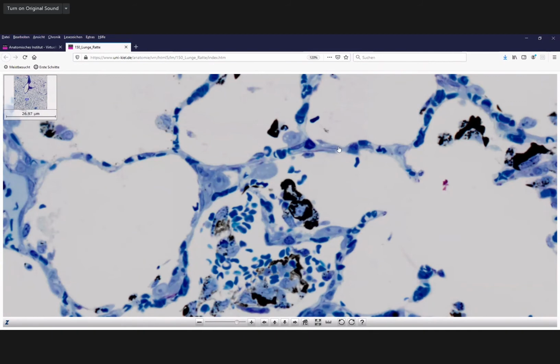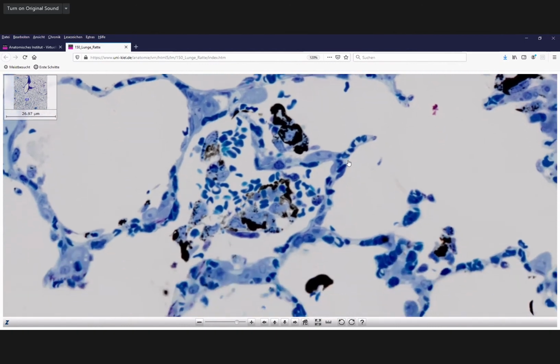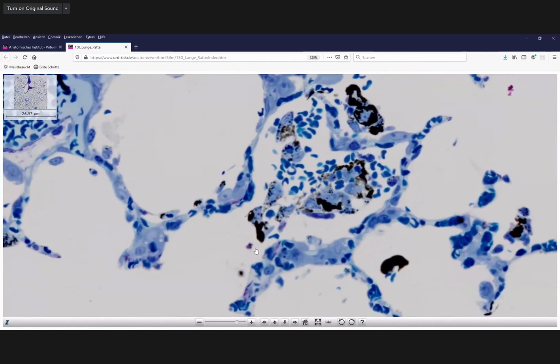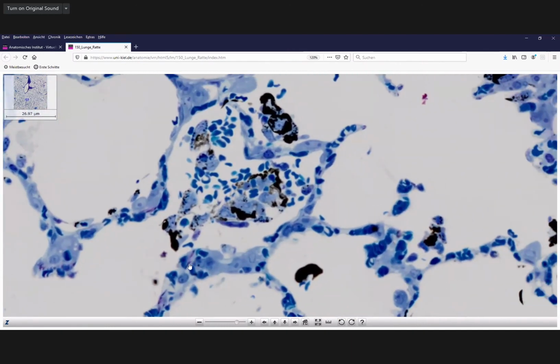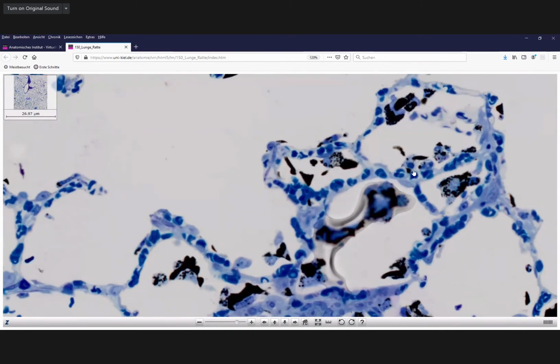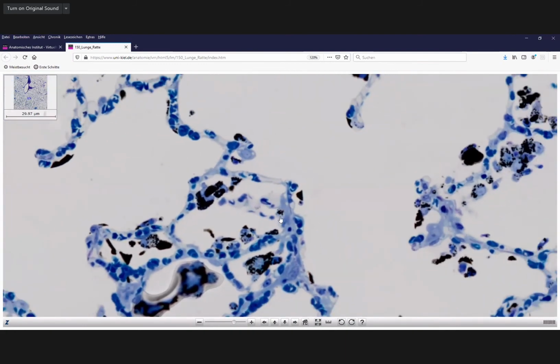Here maybe there's one. That's probably one. Okay, so these are the type 1 cells, and they are very, very flat, and they line the surface of these alveoli.